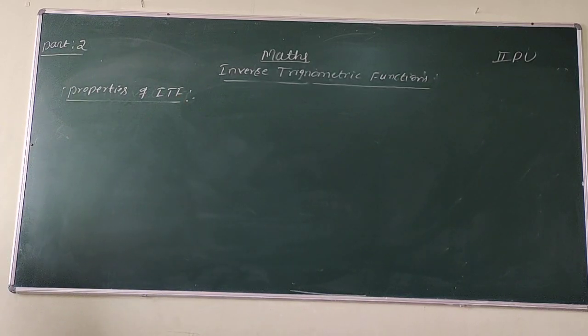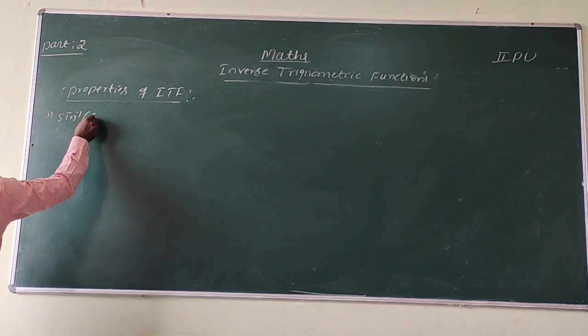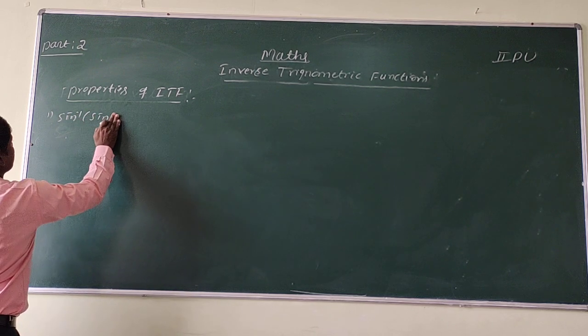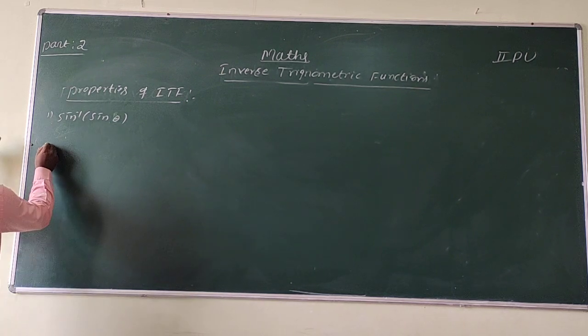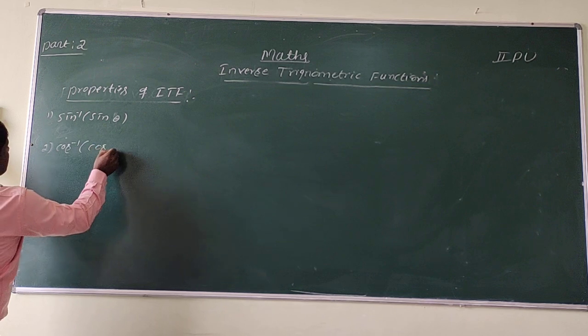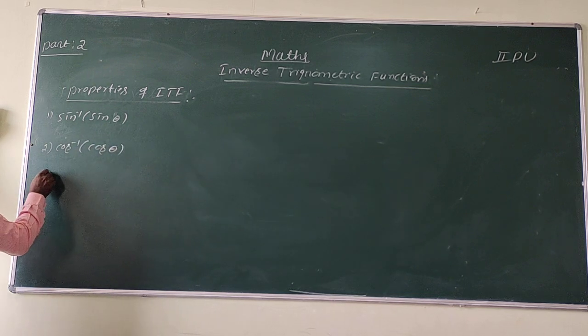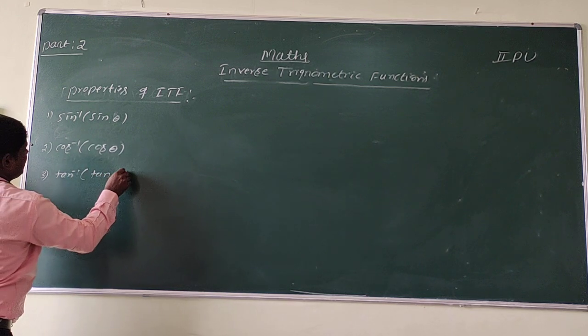Okay, so first one is sine inverse of sine x, sine inverse of sine theta or x. Second one is cos inverse of cos theta. Third one is tan inverse of tan theta.